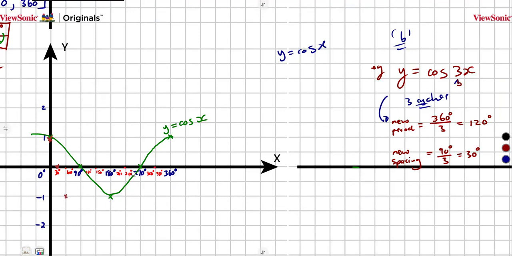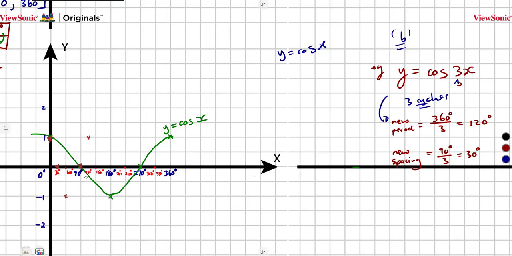270 was at 0. This is now happening at 90 degrees. 360 at 1 is now happening at 120. So it's now 120 versus 1. A complete cycle is going to be completed here. One cycle of a cos graph. It continues like that.